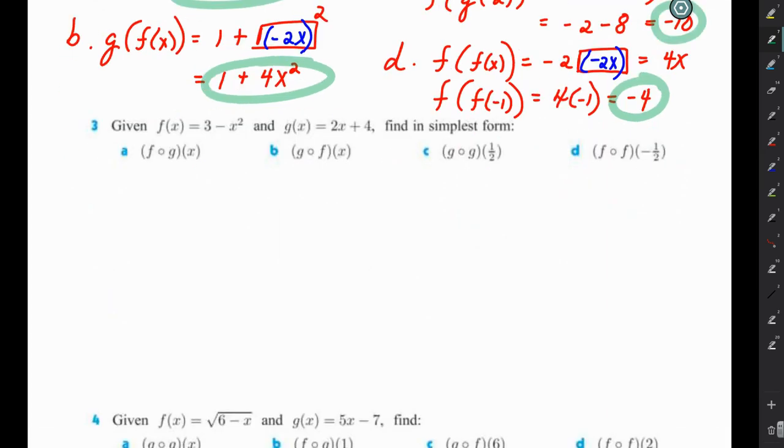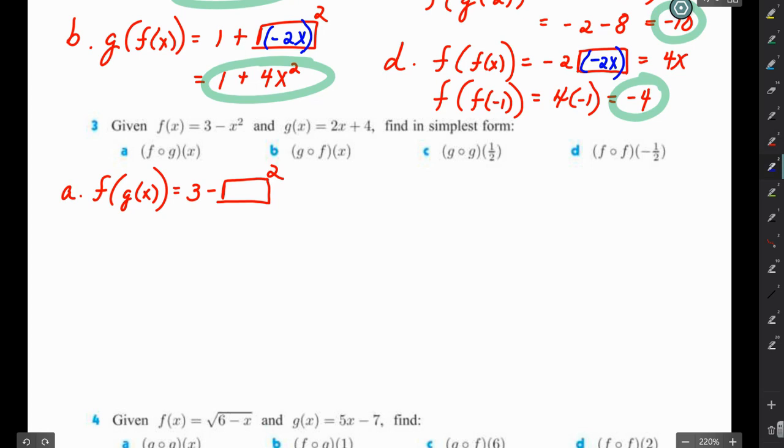Okay, moving on to number 3. We have f of g of x. F is our lead. Inside the box goes the g function. Okay, we have 3 minus, now be really, really careful here. This is 2x plus 4 times 2x plus 4.